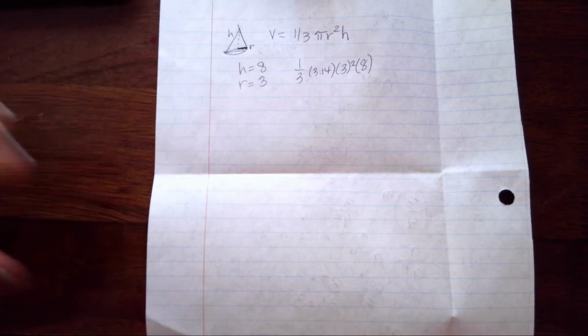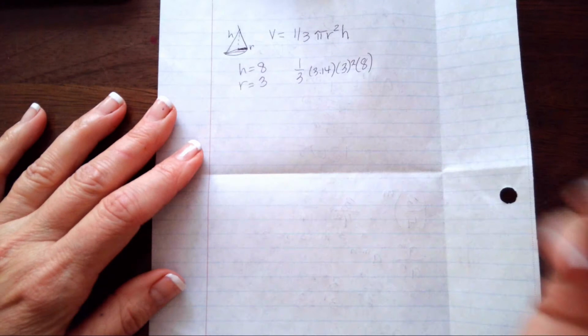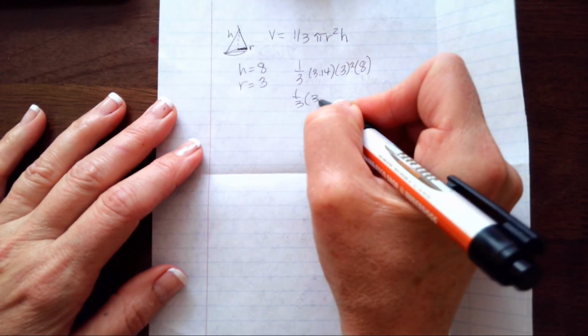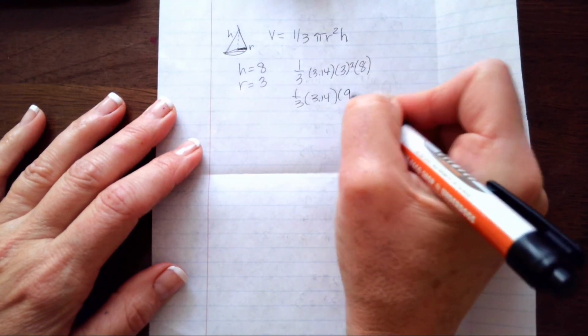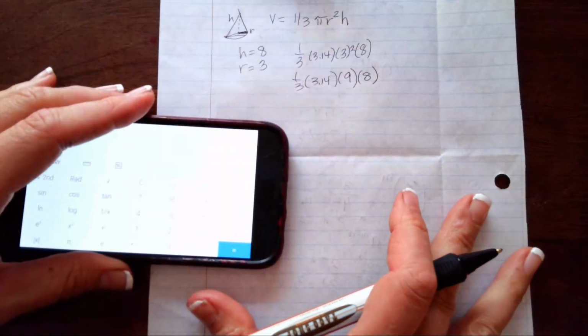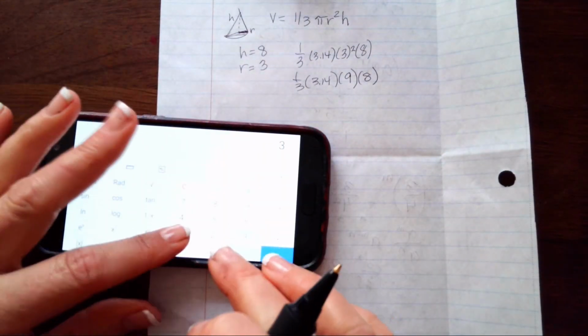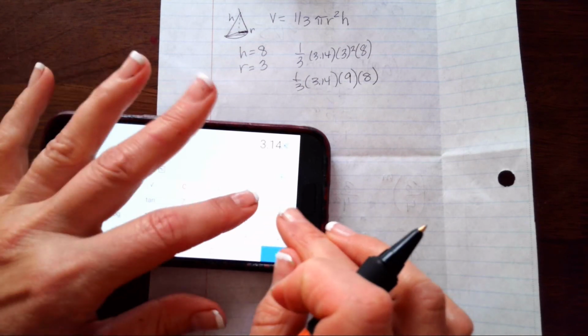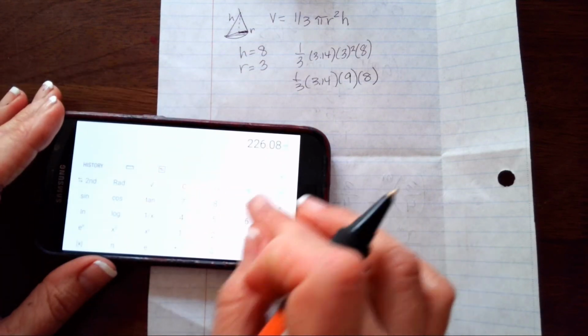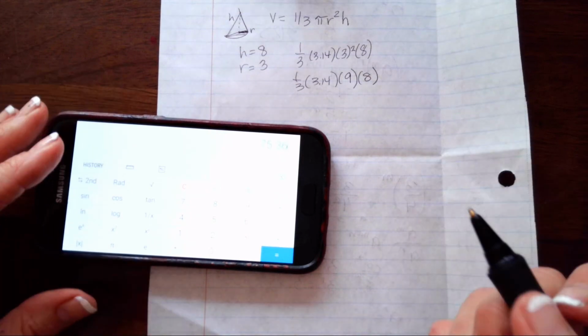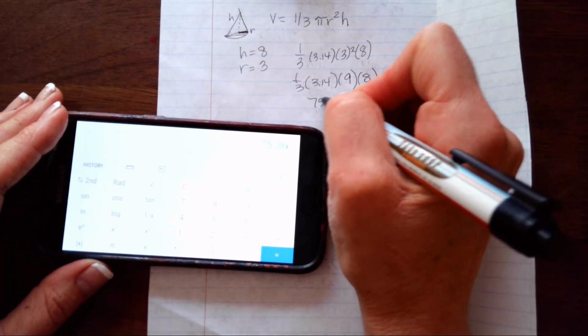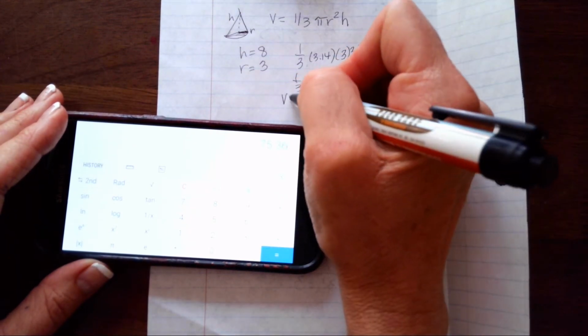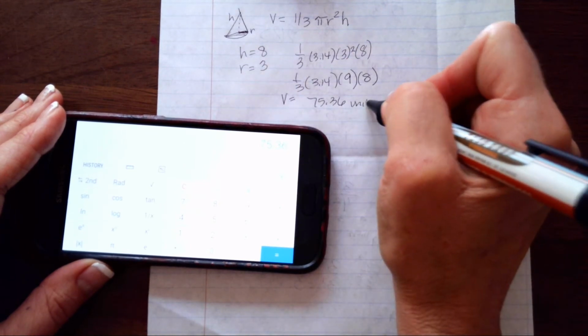And then I will do it. So the first thing I have to do is exponents. And then I'm going to do 3.14 times 9 times 8 divided by 3. And that would be in units cubed.